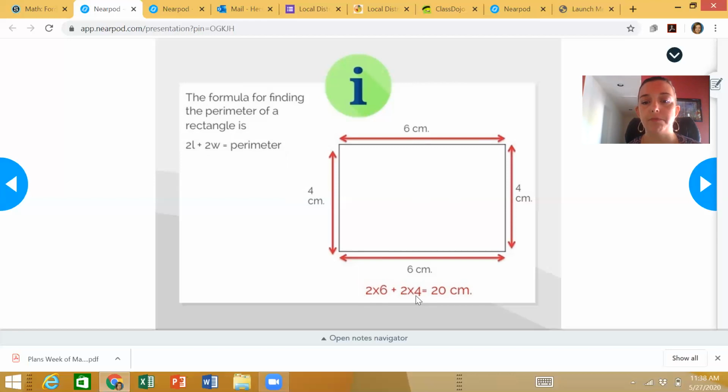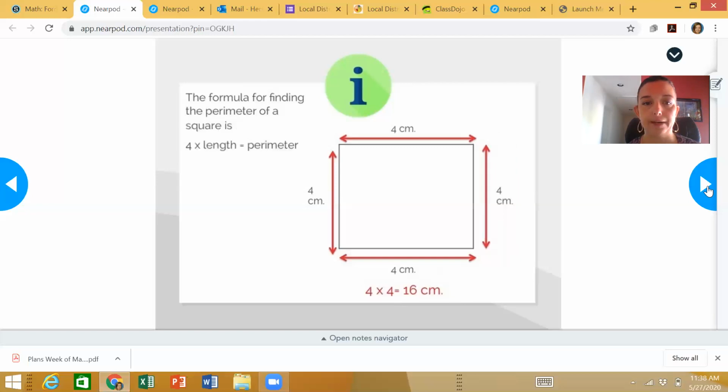And we can do 2 times 4 because the width is 4 and there are 2 sides that have that dimension. So when you multiply 2 times 6, that's 12, plus 2 times 4 is 8. That equals 20 centimeters. So you still get the same answer, it's just a different approach. Go to the next slide.